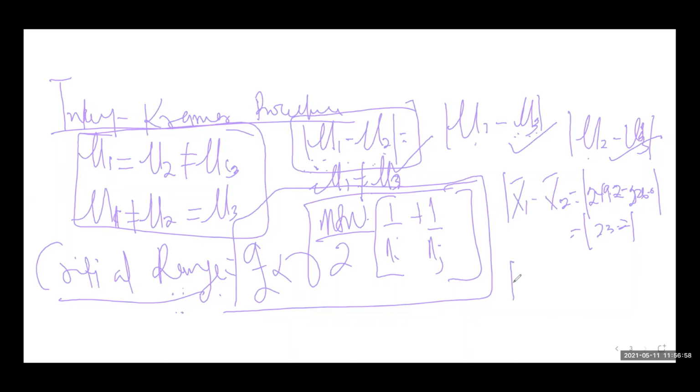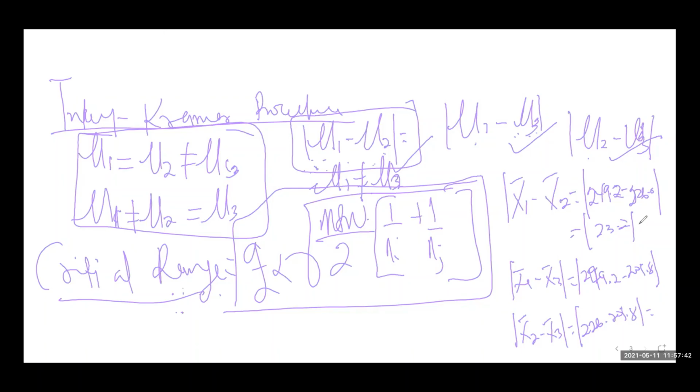Then X bar 1 minus X bar 3: the absolute mean difference, 249.2 minus 205.8. Then we do the pairwise for X bar 2 and X bar 3: 226.0 minus 205.8. So let's find the absolute mean differences.